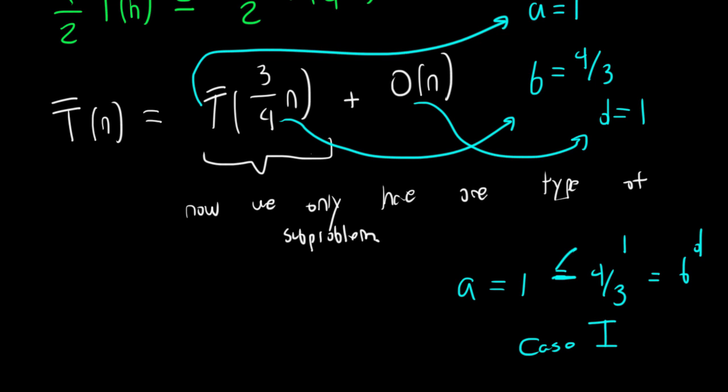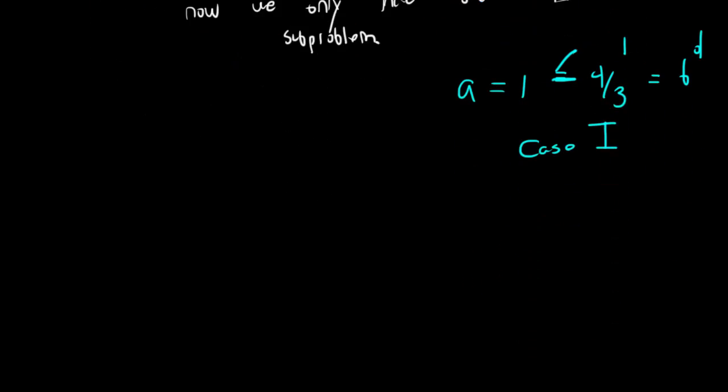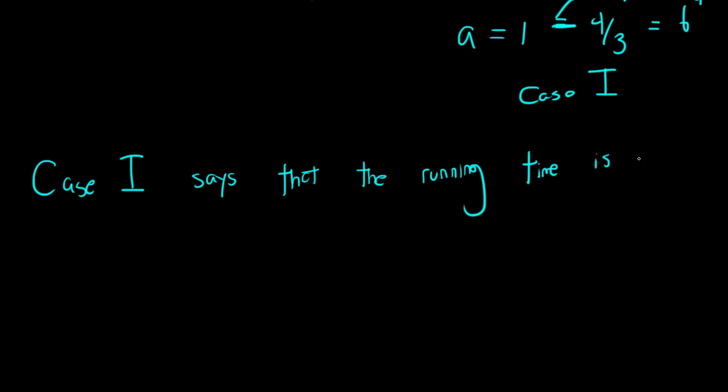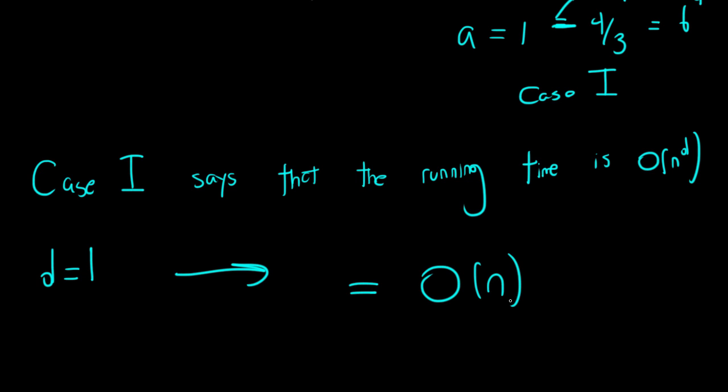And case number 1 says the running time is big O of n to the power of D. Remember, a lot of writing here, I want to make sure it's all clear. What is D in this case? D is equal to 1, which means our running time is big O of n.